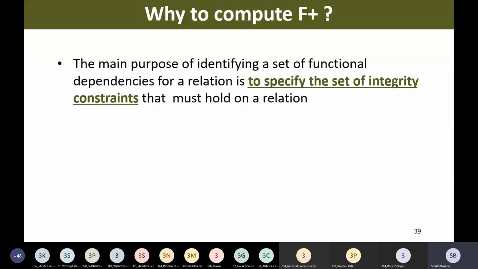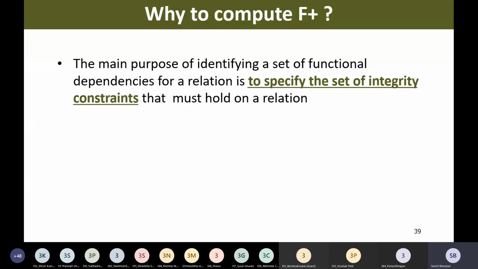The very important purpose of identifying the functional dependencies for a given relation is to specify the set of integrity constraints that must hold on the relation. So, by making use of this F plus, it is possible for us to come up with these integrity constraints.